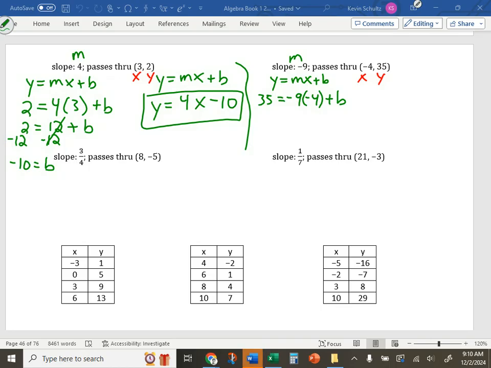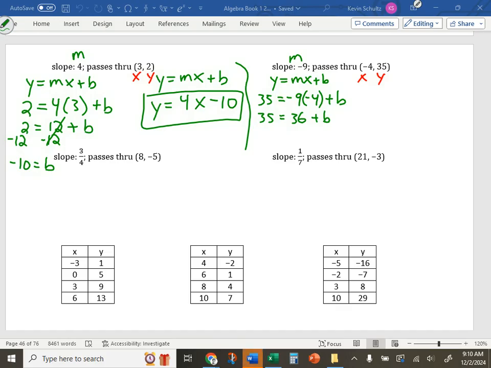Are we seeing how this is all connected? Using that ordered pair, -9 times -4 is a positive 36. So 35 equals 36 plus b.